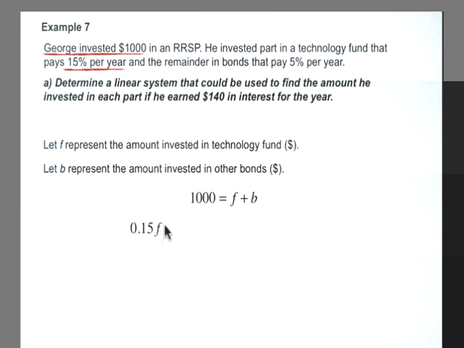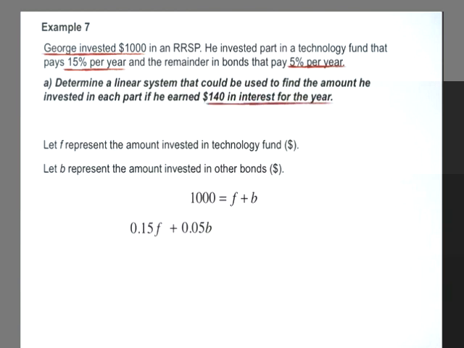That will be the amount of interest he earned by investing in the technology fund. He also earned 5% per year on his bond fund. So the amount of interest he earns on his bond fund is going to be 5% or 0.05 times the amount he invested in the bonds.